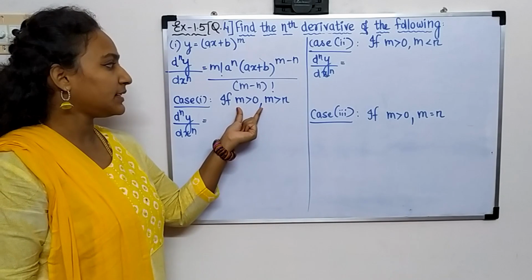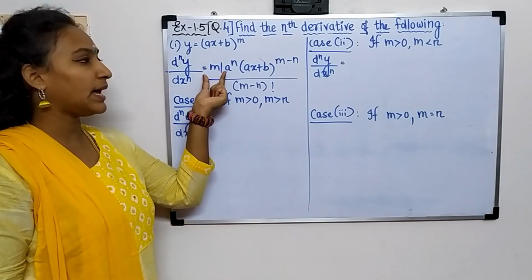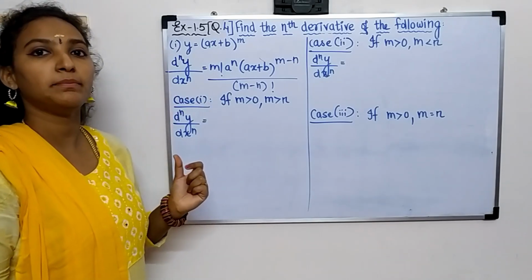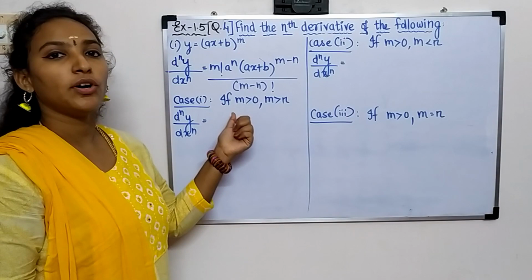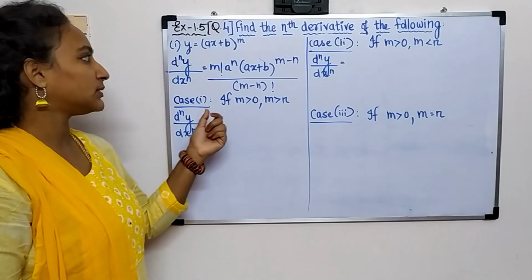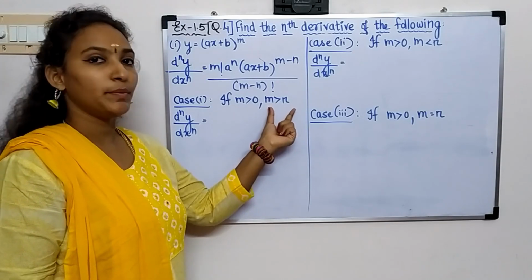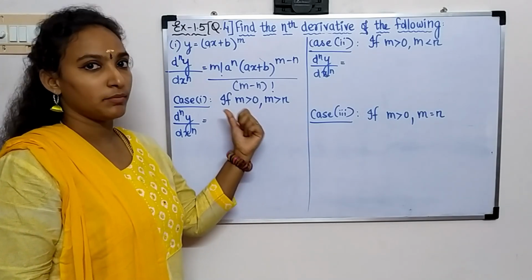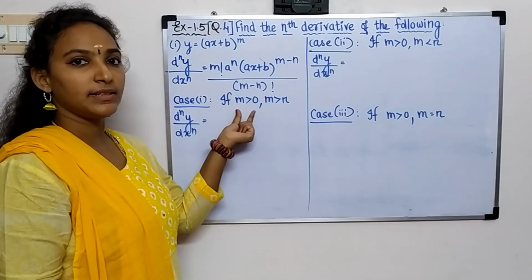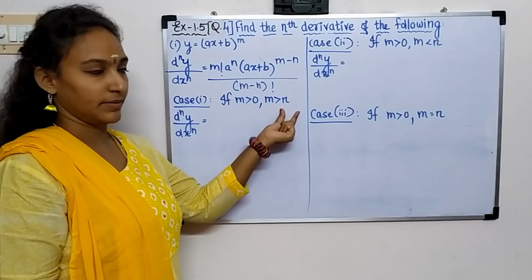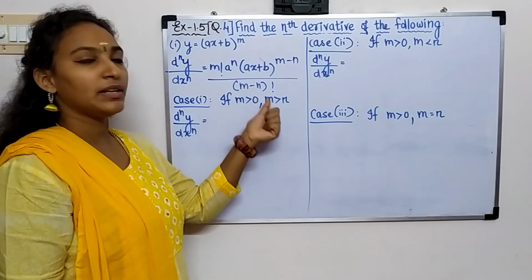We are going to consider our n to be greater than 0 because m factorial, that is our factorial number, is taken only for the positive numbers, not for the negative numbers. Moreover, our m cannot be less than n. Okay, it should be equal to n or it should be more than n. So for the first case, we have m is greater than 0 and m is greater than n. For example, if you take m as 5, n will be 4.